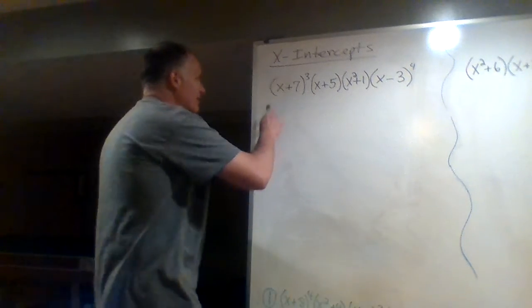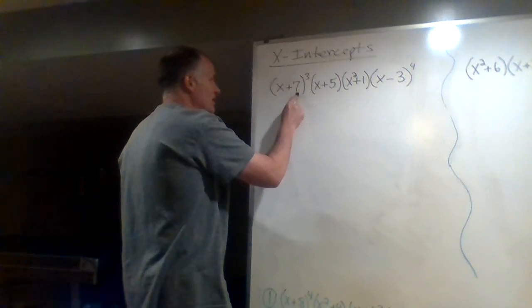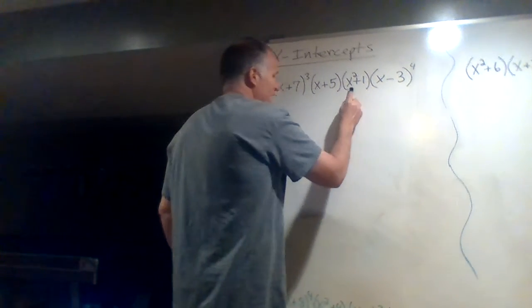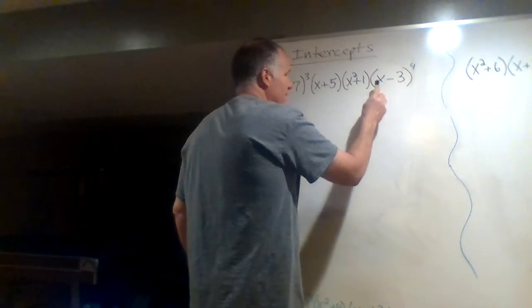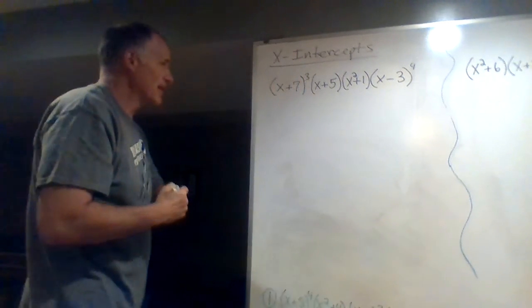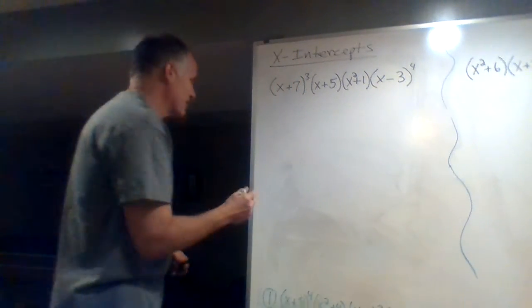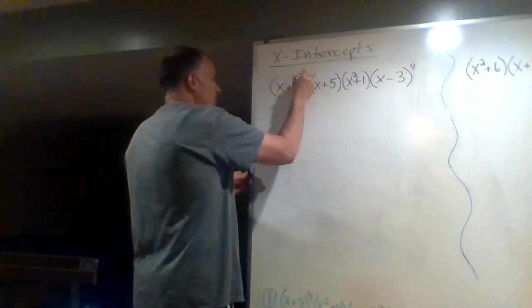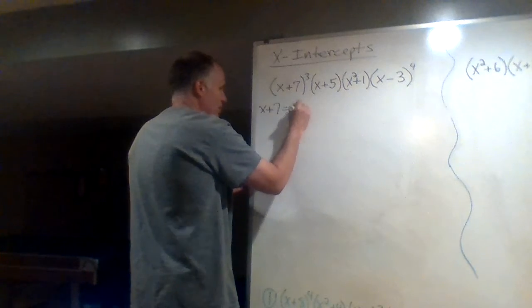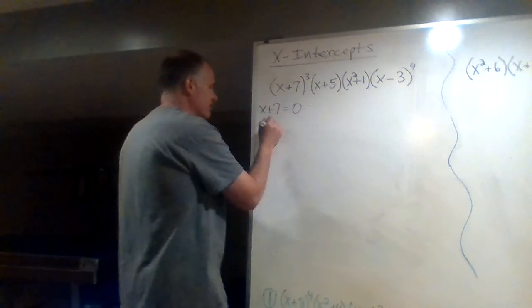We've got (x plus 7) cubed, we've got x plus 5, we've got x squared plus 1, and then (x minus 3) to the fourth power. We want to find all the x-intercepts. Remember, even with that power 3, we just take what's in the parentheses, set it equal to 0, and solve.